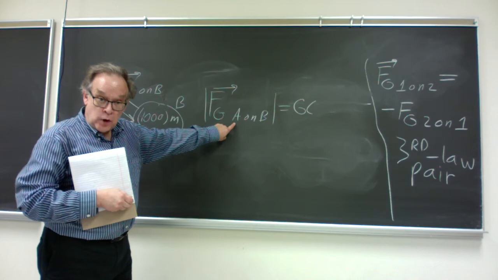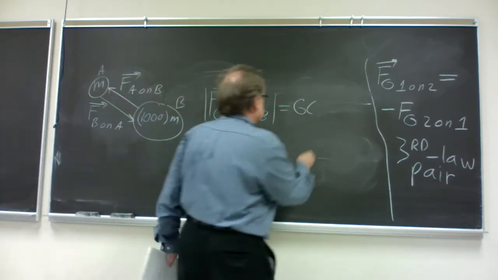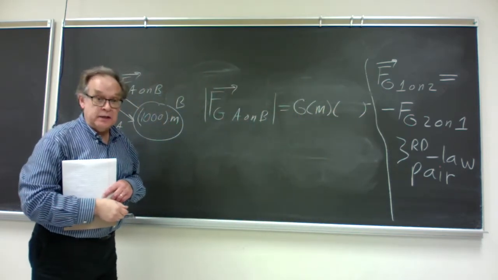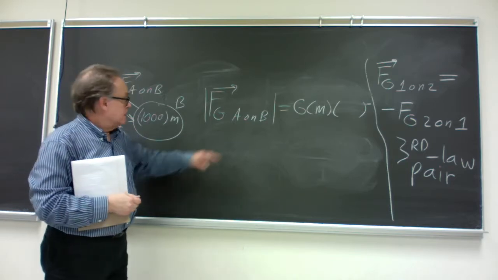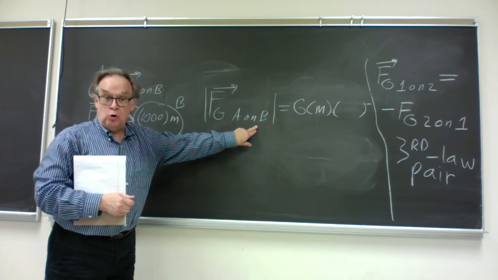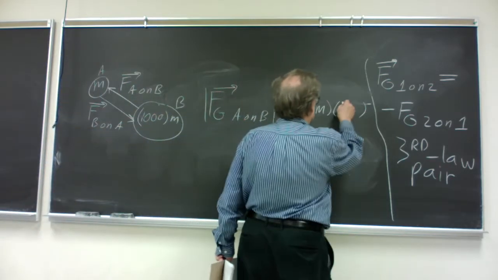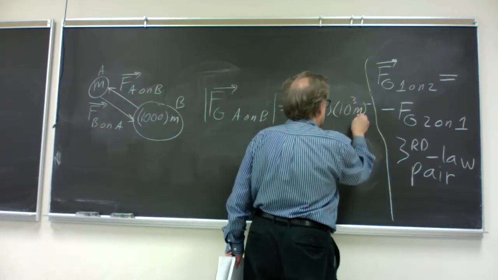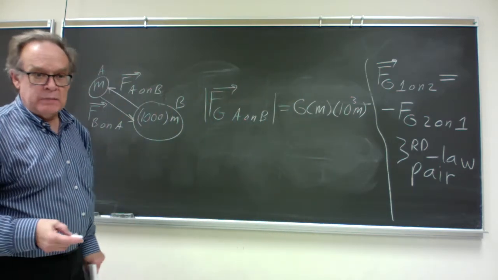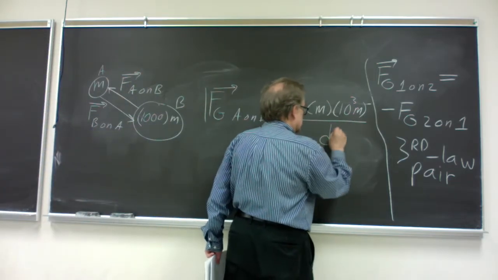And this is a force from A. A's got a mass of just plain m. And then the next term is the mass of the thing that is feeling the force, the thing that is acted upon by the force. And in this case, B is acted upon by the force. B is pulled by that force. And the mass of B is 1,000 m, or I'll just simplify it as 10 to the third m. And then we'll say that the distance between those two masses is just d meters. So in the denominator goes distance squared.